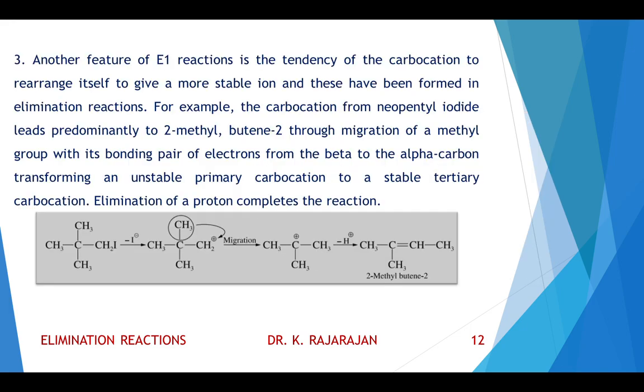And the third evidence involves another feature of E1 reaction. It is the tendency of the carbocation to rearrange itself to give a more stable ion, and these have been formed in elimination reactions.